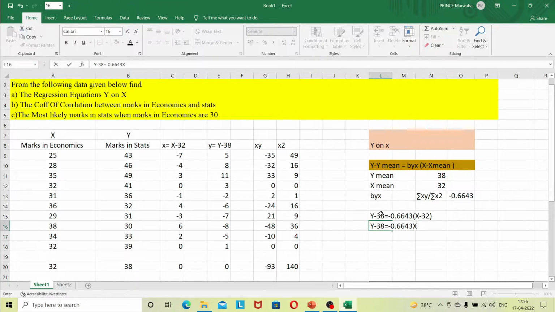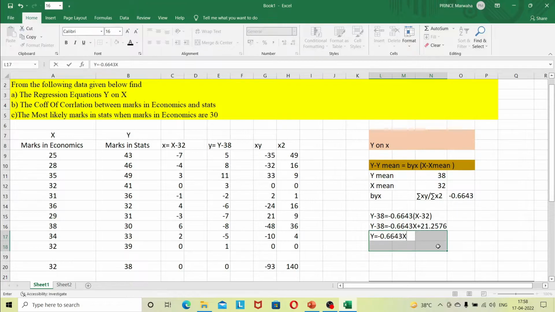0.6643 multiplied by 32 will be 21.2576. That means plus 21.2576. Okay, so we have got these values. y is equal to minus 0.6643x plus 21.2576 plus 38.